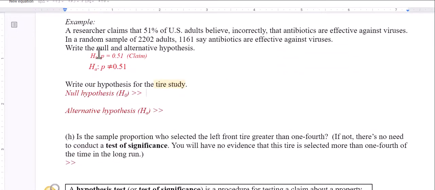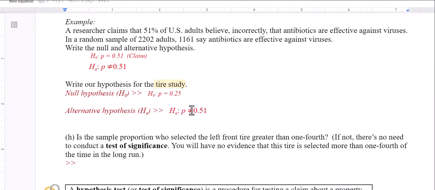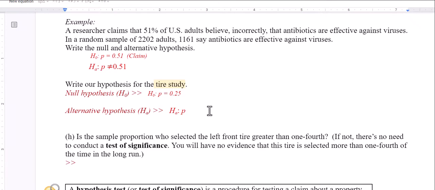So our null hypothesis is going to be that P is 0.25 if they're picked equally likely. And if they are not picked equally likely, my claim is that students pick the left front tire more often. So what does more often mean? It will be greater than 0.25.